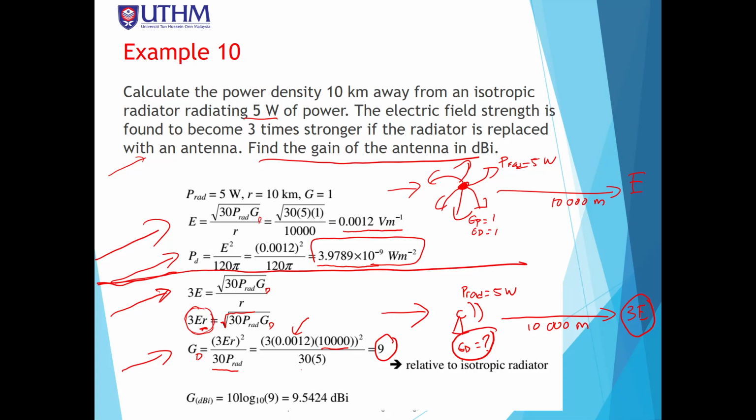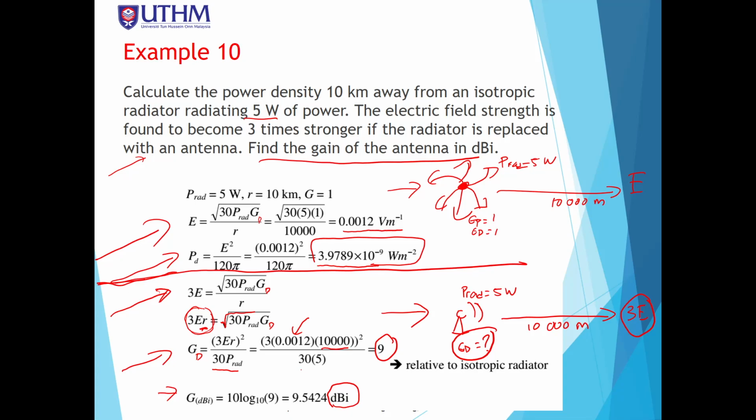The question asks in decibel. So in decibel, it is equal to 10 log of 9. So we get 9.5424 dBi. So don't be confused. What is this dBi? dBi is dB isotropic, decibel with respect to the isotropic radiator.